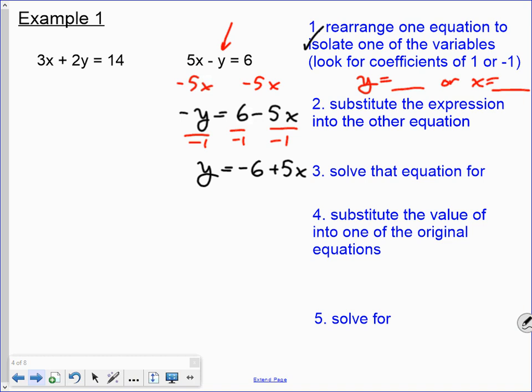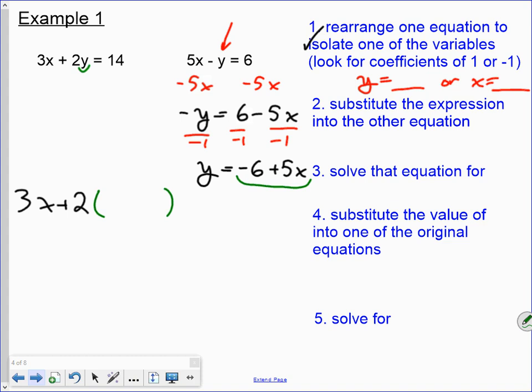Step 2, we're going to substitute this expression, okay, this negative 6 plus 5x, into our other equation for y. So 3x plus 2, and then we'll do the brackets in green again.